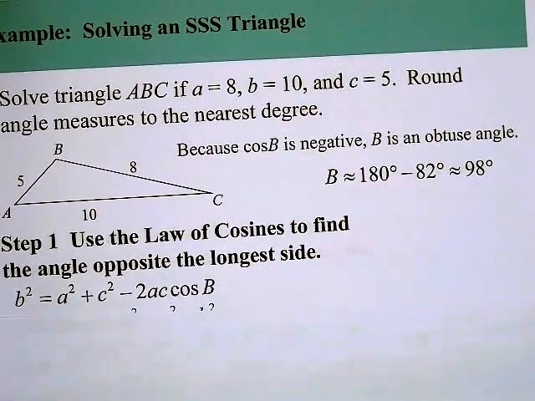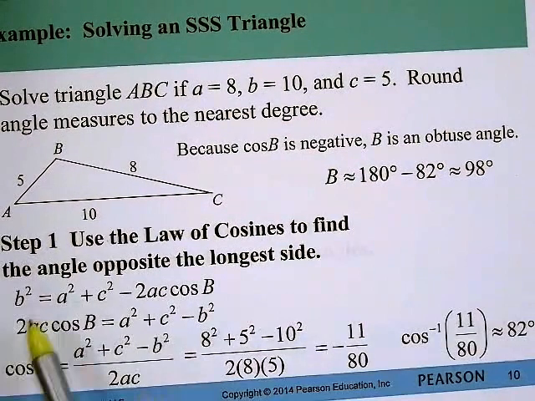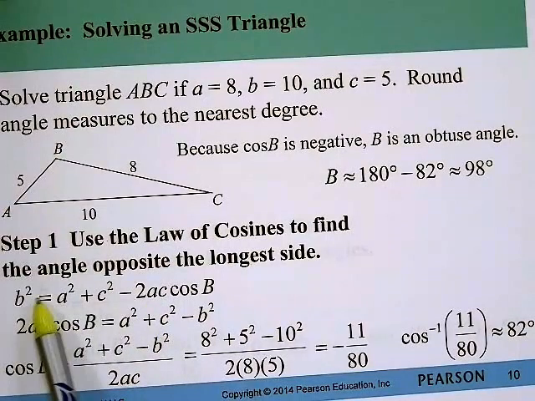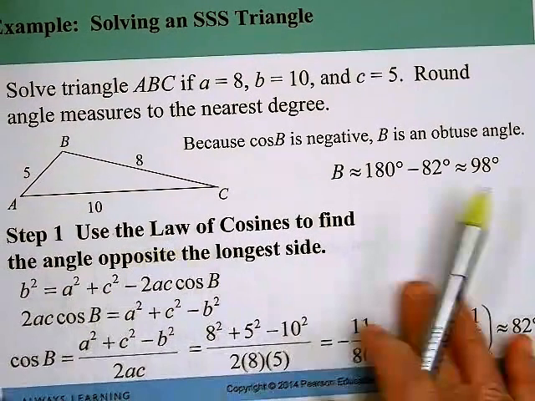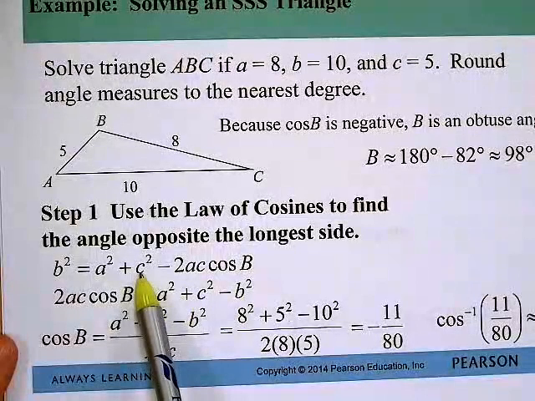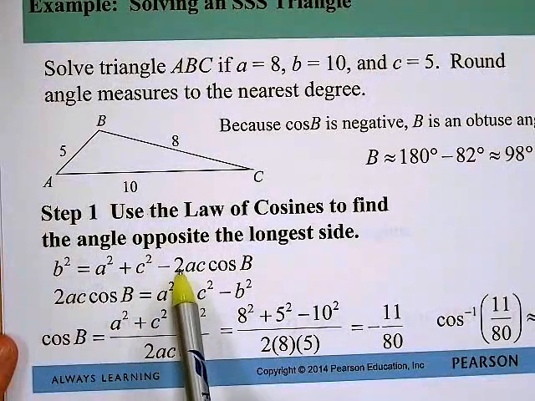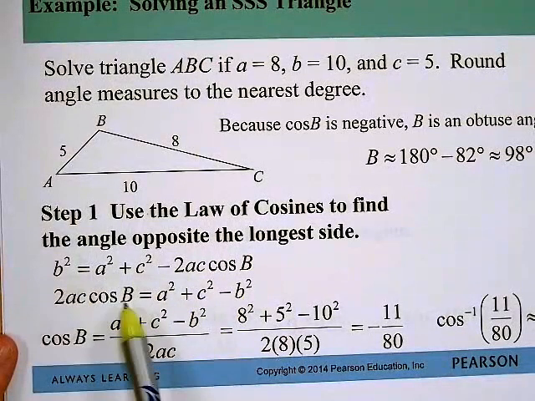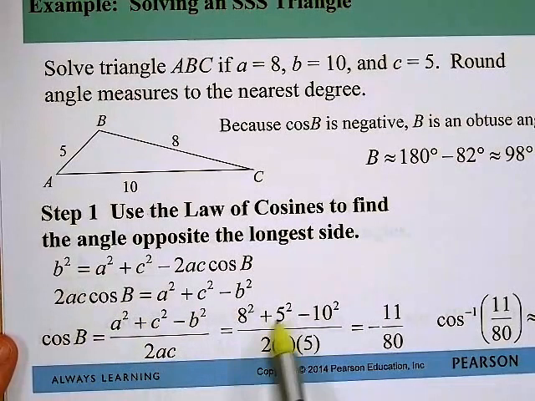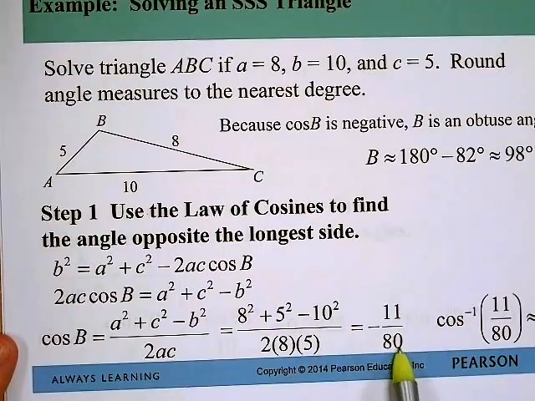Use the law of cosines to find the angle opposite the longest side. So when I plug in here, B squared equals A squared plus C squared minus 2AC cosine B. And then I move this over here, move the B squared over here. A squared plus C squared minus B squared equals 2AC cosine B. Divide by 2AC, plug my numbers in, I get negative 11 over 80.